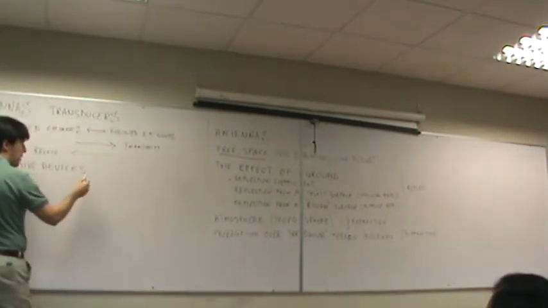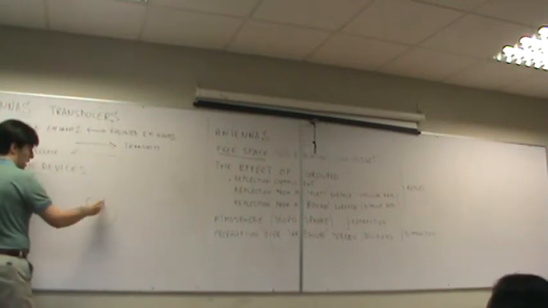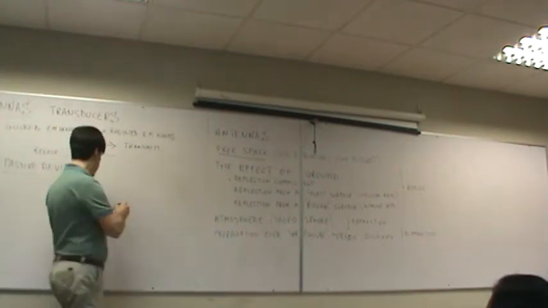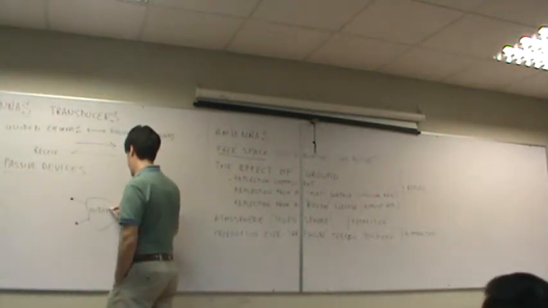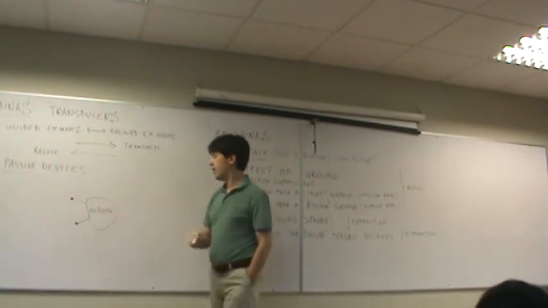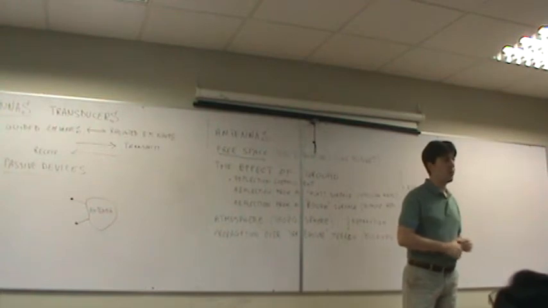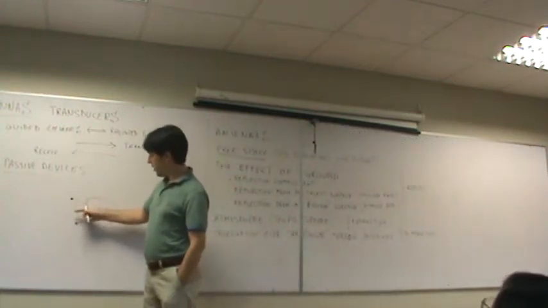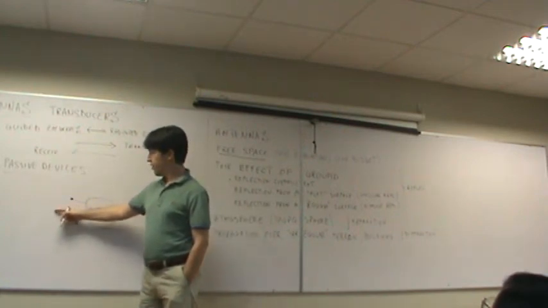What are the parameters of the antennas? Okay, let's start with an antenna that I depict like a blob. So no particular shape, just a blob. Those are the terminals where the circuit is connected.